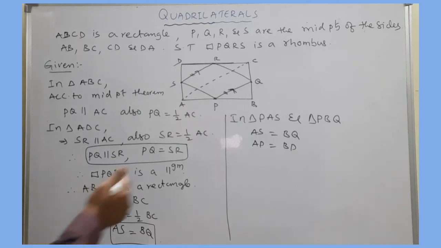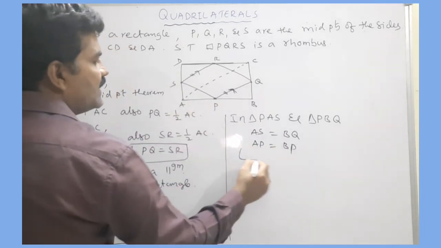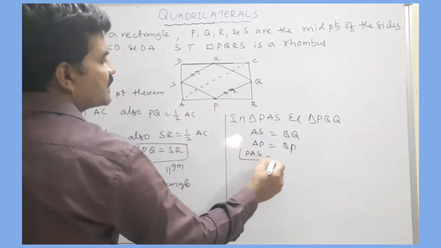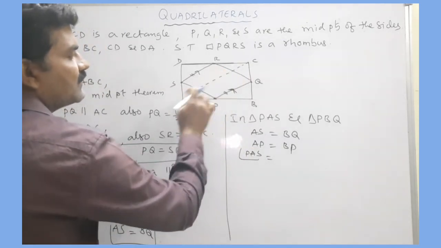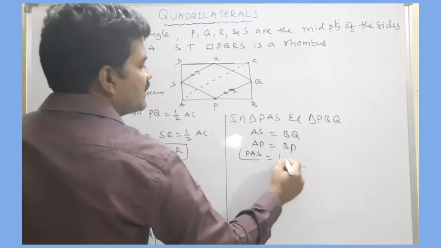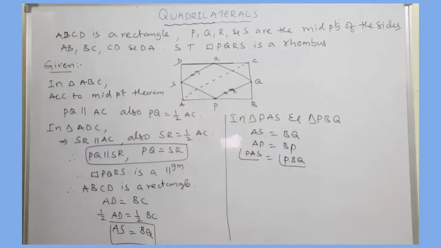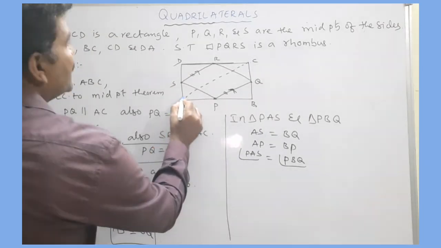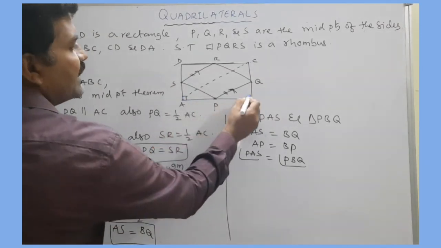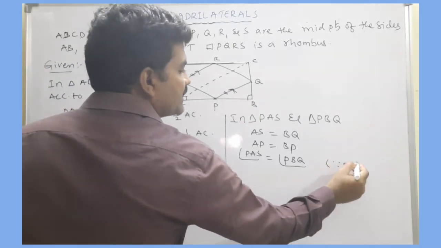And also angle PAS is equal to angle PBQ, because this is a rectangle, so each is equal to 90 degrees.